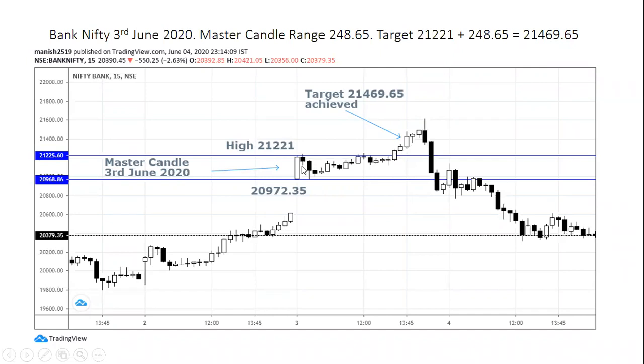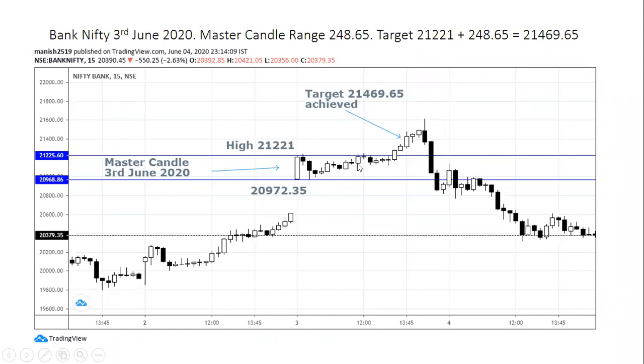Now let me count the number of baby candles for you. 1, 2, 3, 4, 5, 6, 7, 8, 9, 10, 11, 12, 13, 14, 15. See, we have 15 baby candles inside the master candle. Now every candle has a duration of 15 minutes.